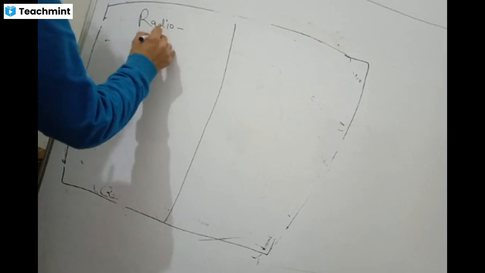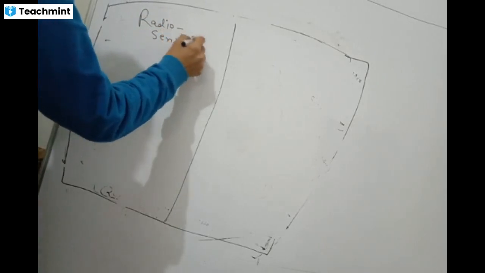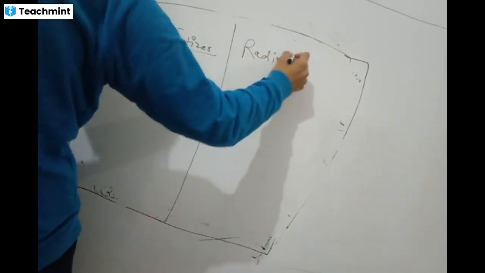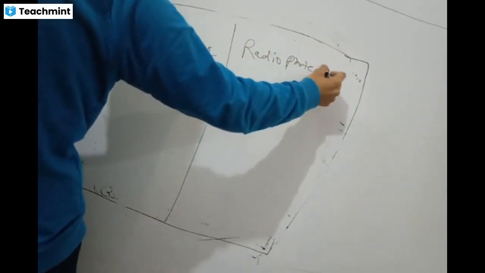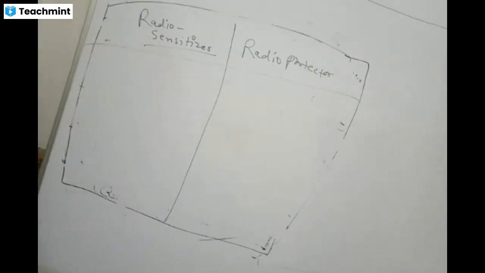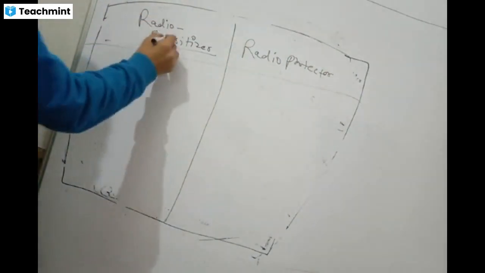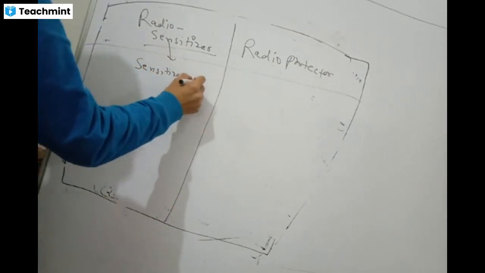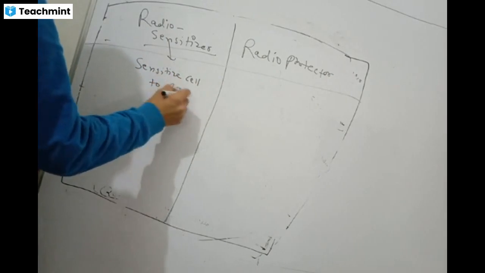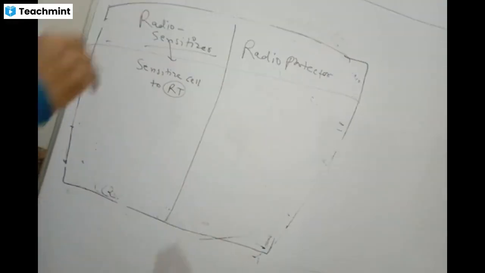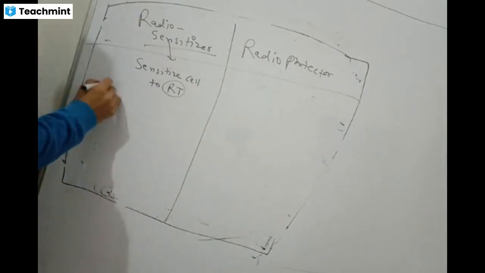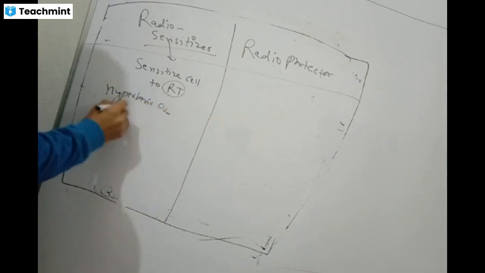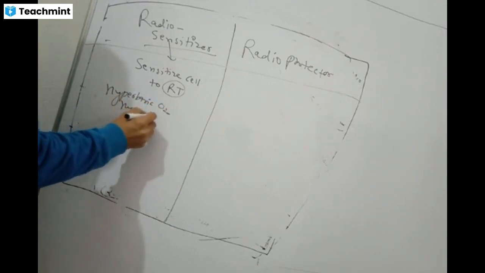One is radiosensitizer and the second is radioprotector. Radiosensitizer means they will sensitize the cell to our radiotherapy. For example, hyperbaric oxygen, hyperthermia.